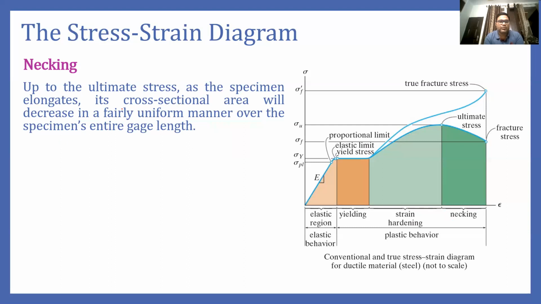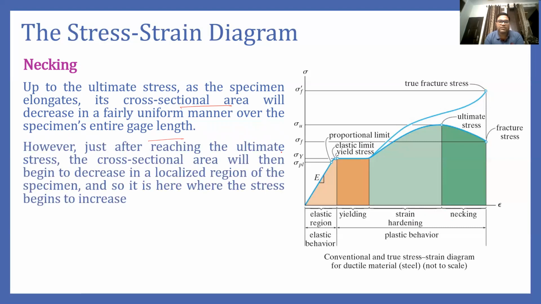As I said, up to the ultimate stress, as the specimen elongates, its cross-sectional area decreases in a fairly uniform manner over the specimen. But just after reaching the ultimate stress, the cross-sectional area begins to decrease in a localized region of the specimen, and it is here that stress will begin to increase.